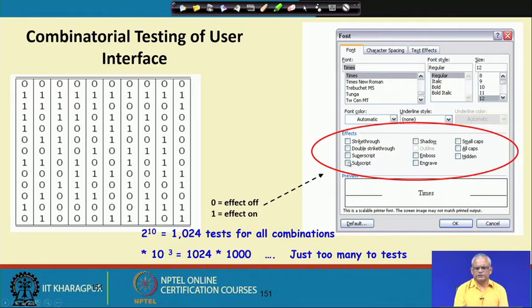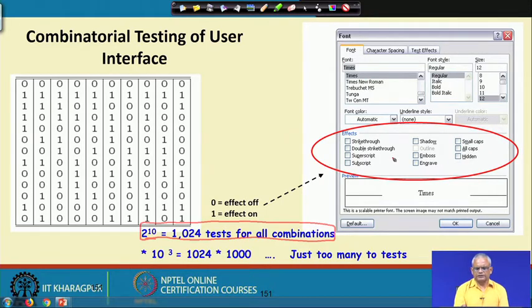And if we consider all possible combinations of these, then it becomes 2 to the power 10. So, only based on the check boxes it becomes 2 to the power 10 or 1024. But then what about the other options, that also we must consider.